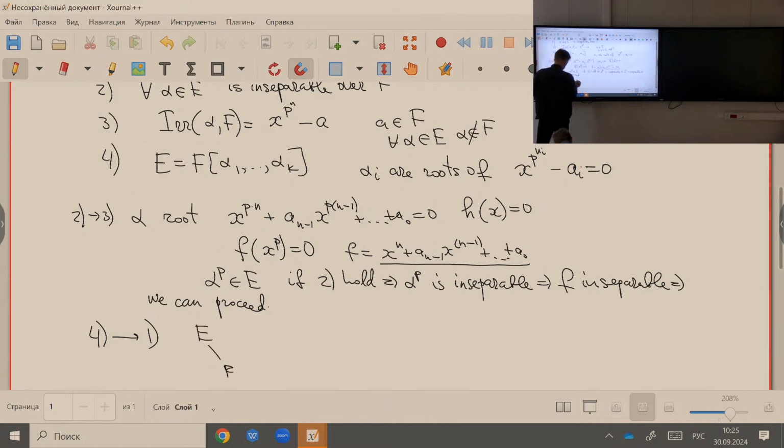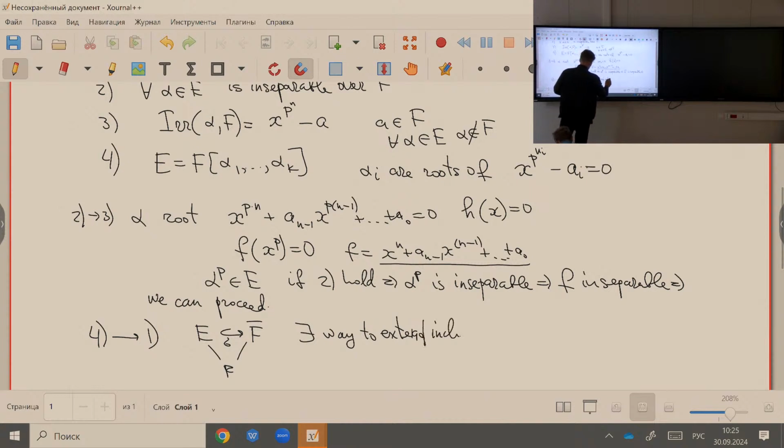Meaning that the separable degree is 1, meaning that there is a unique way to extend the inclusion of F inside F bar.